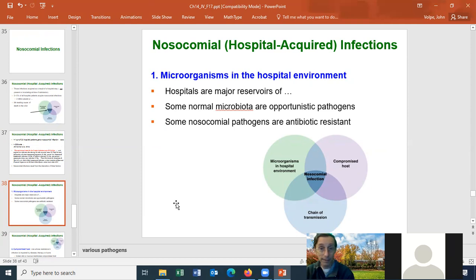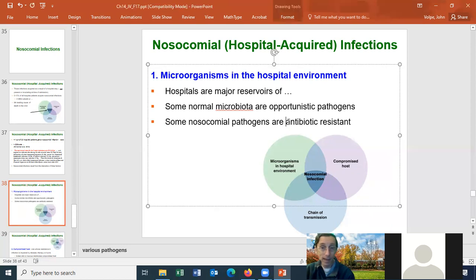And some nosocomial pathogens are antibiotic resistant, in which case a nosocomial infection would become very severe, because the antibiotic resistant infection will be treated with the standard antibiotic and it won't work. And then the doctor will switch to a second antibiotic and it also doesn't work because the infection is resistant to antibiotics.